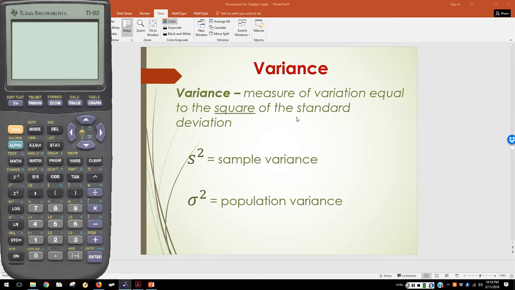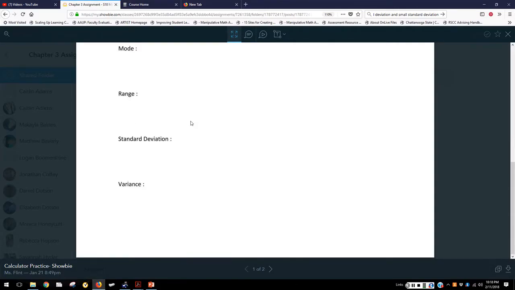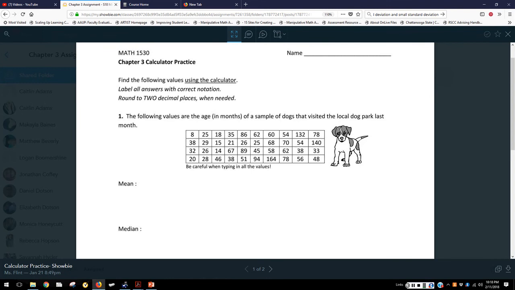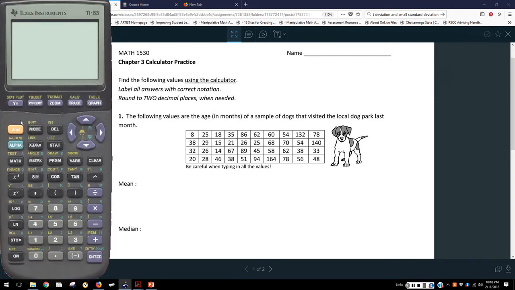If we return now to our example, our worksheet with the dogs, if you remember, here's the dog weights. And I still have the dog weights in my list, so I'm going to hit Stat and Calc, and they're still in List 1, so I'm going to recalculate the statistics for List 1.